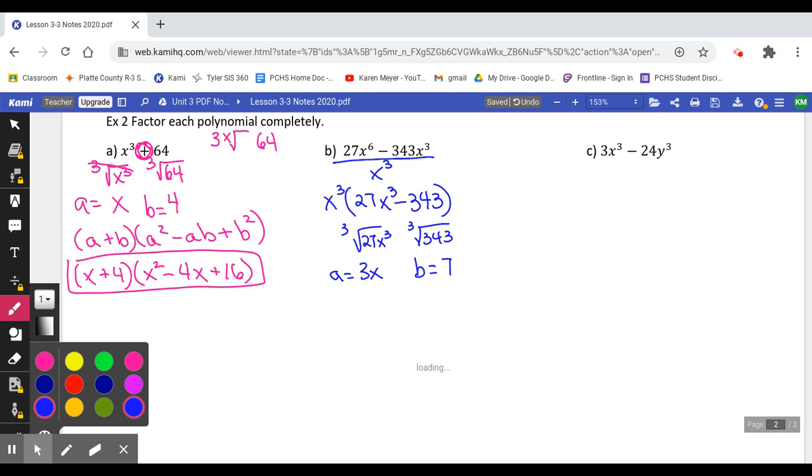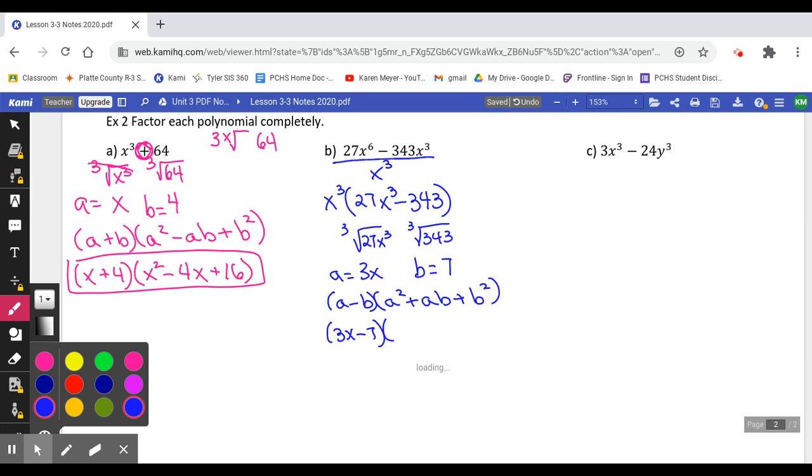This time the sign is a minus, so we're going to use the second formula, which I'll write down here: A minus B, parentheses, A squared plus AB plus B squared. So you're looking at 3x minus 7, and then we've got 3x squared.